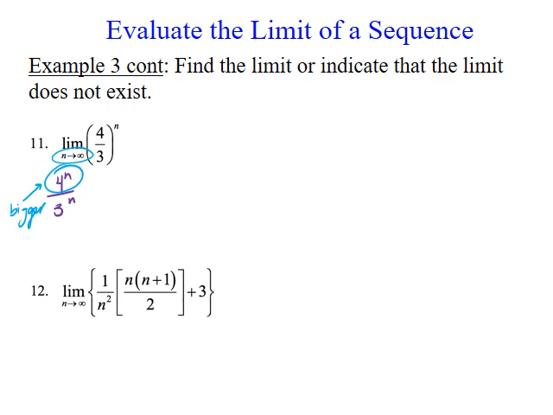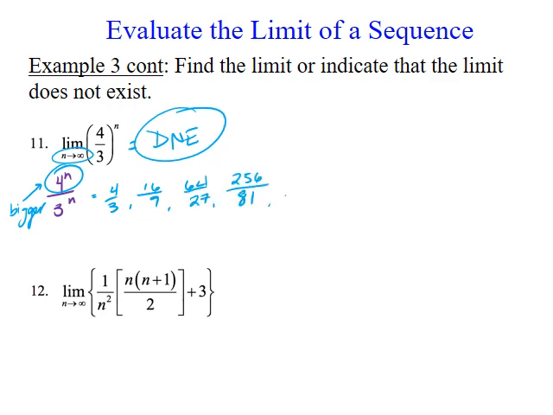So this will approach positive infinity, so the limit does not exist. And if you want to write some of these down, just like we did before, it's just the reciprocal of the previous problem. So you can see that this number is getting bigger and bigger and bigger.